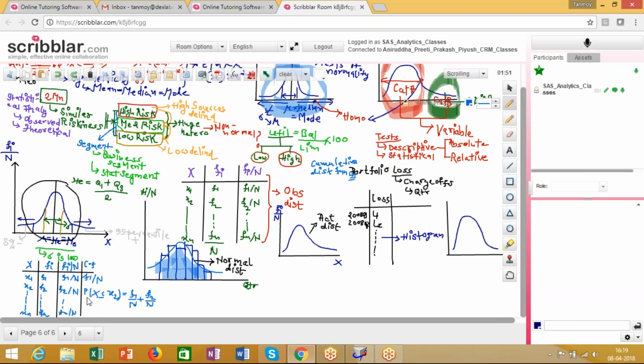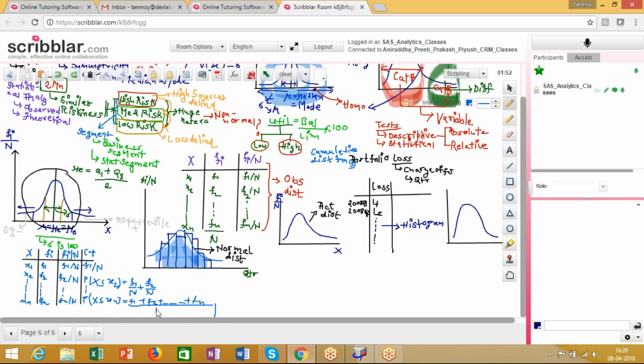So similarly, the probability x less than equal to xn is equal to f1 plus f2 and so on, divided by n.